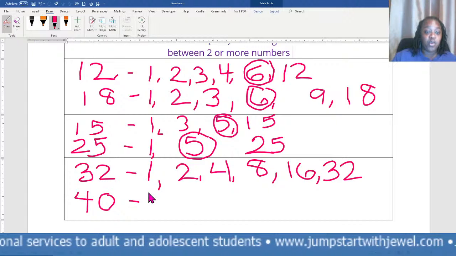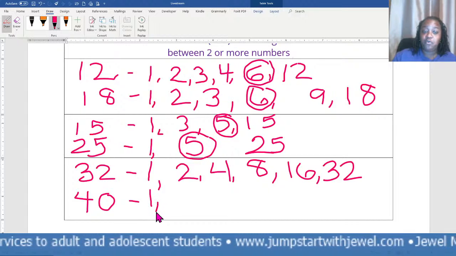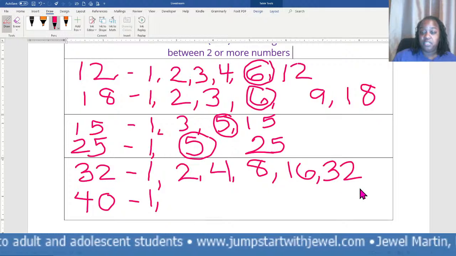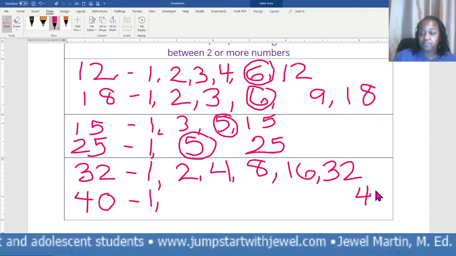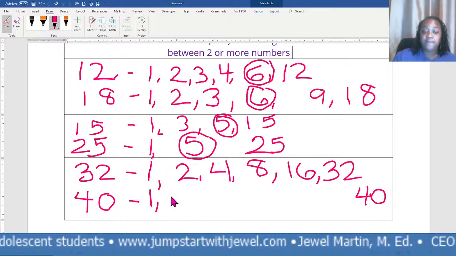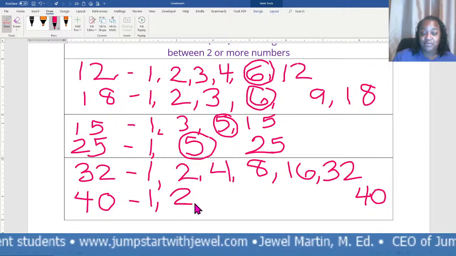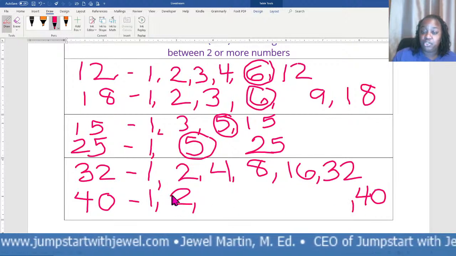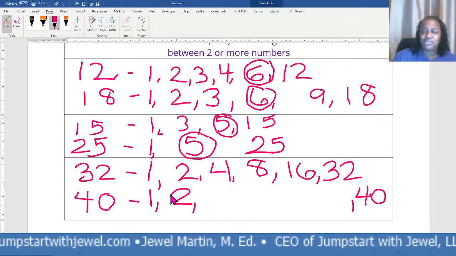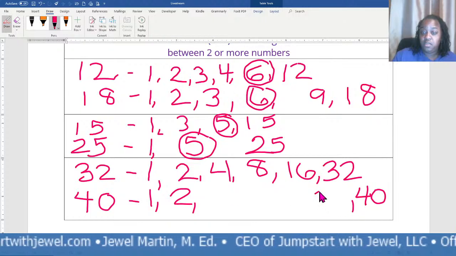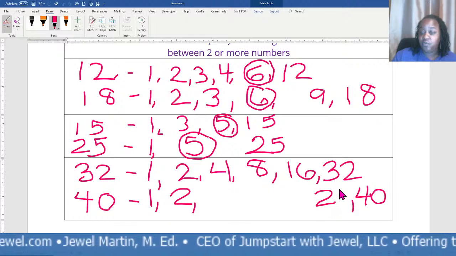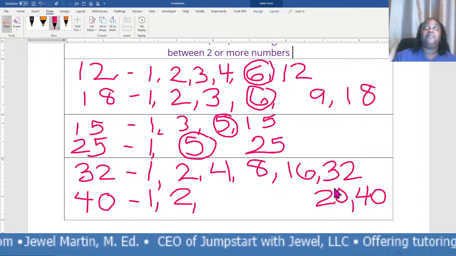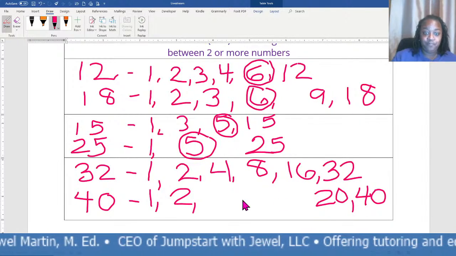And then with 40, you've got a few more factors. You've got 1, of course, and then you've got 40. 40 is an even number, so 2 is a factor. What number multiplied by 2 gives you 40? It's 20, because 20 times 2 is 40. Or think about 20 plus 20 equals 40.